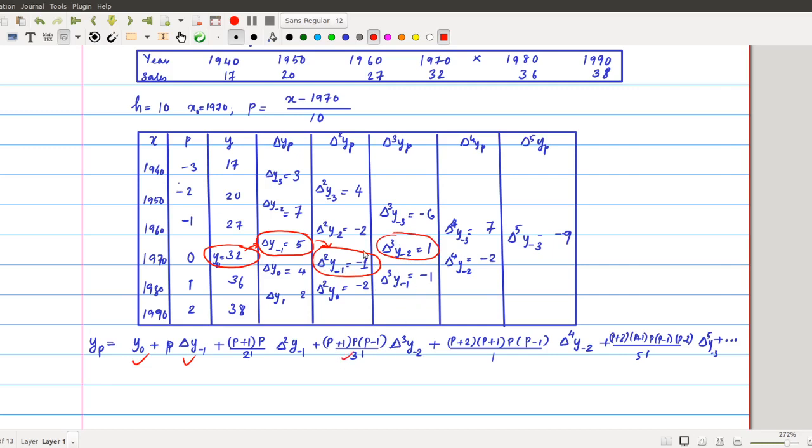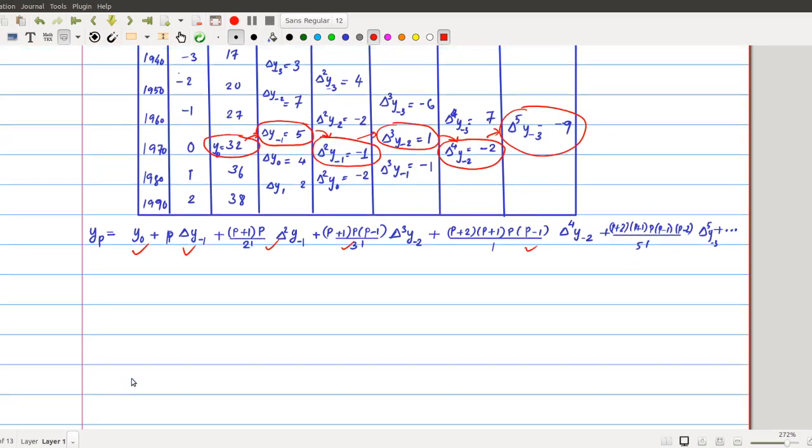So we have delta square y minus 1 here, and then next will be delta cube y minus 2, and then after going to this, we come to this number, and that is written here, delta raised to 4 y minus 2, and finally we have delta raised to 5 y minus 3. So these are the values. So this is the way we choose the values to evaluate this formula.